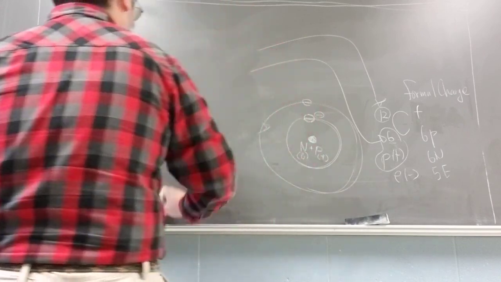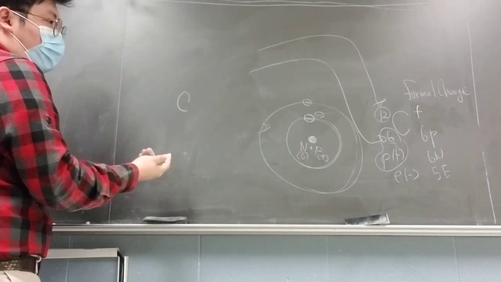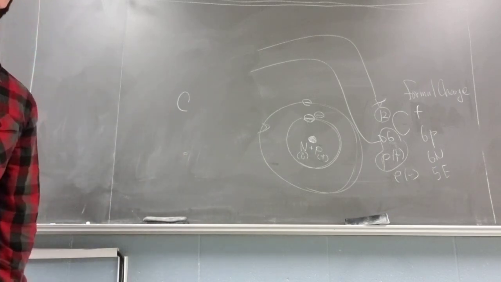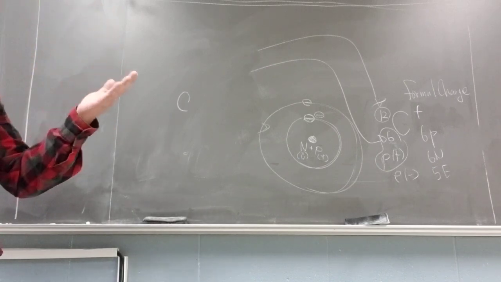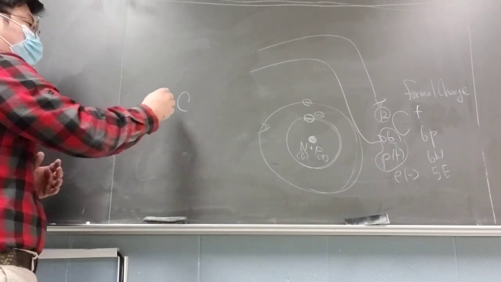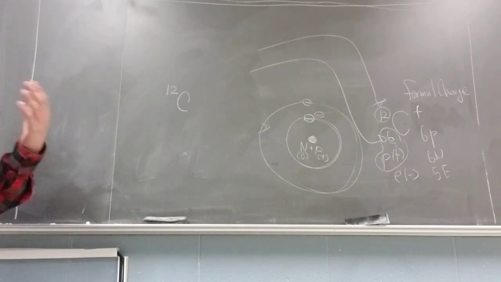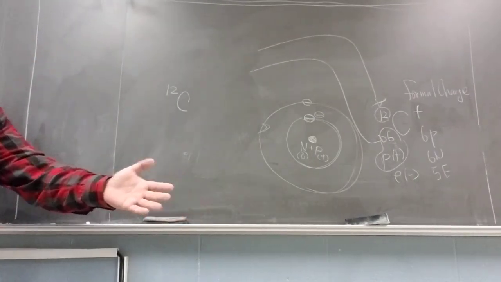I'll give you this carbon over here, and I'll probably not even show you the 6 down here. Why? Because to be carbon, it has to be 6. You don't need to put it; the only thing you really need to put is this one. In case you see the isotopes of carbon, it could be carbon 13, carbon 14.